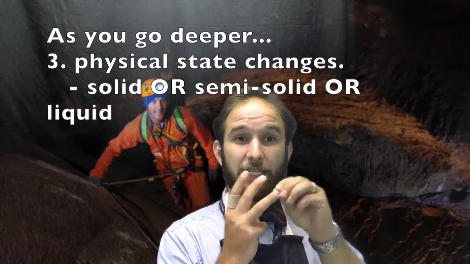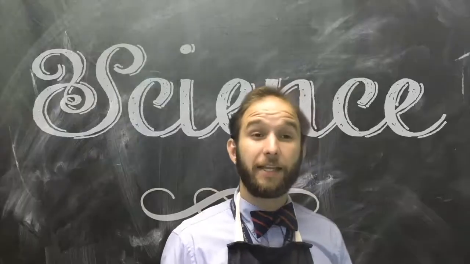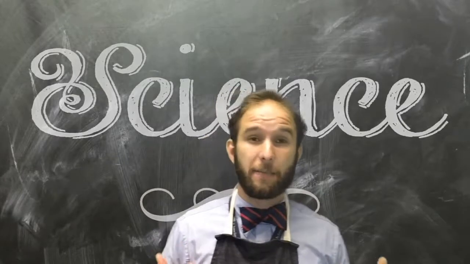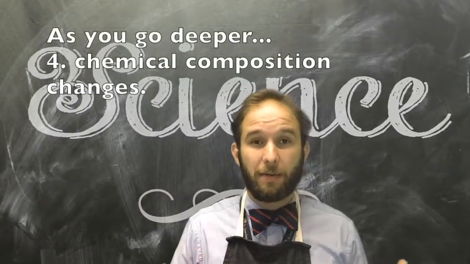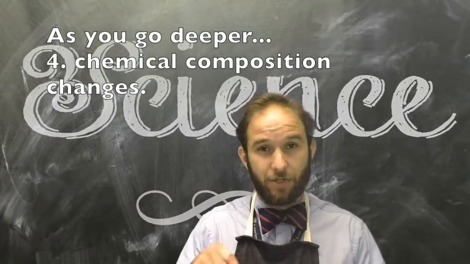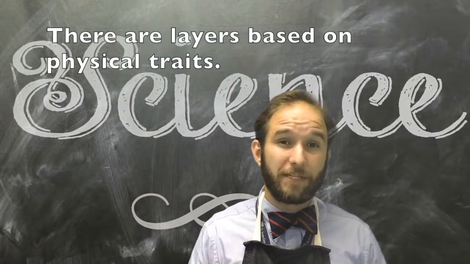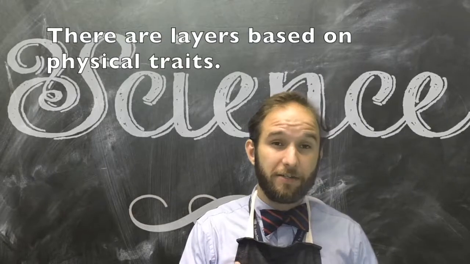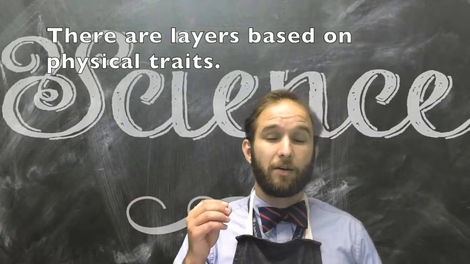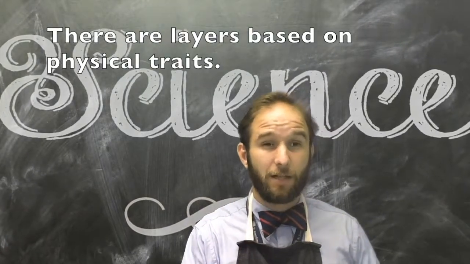And then we have liquid. And the other way that things change is in their chemical composition, meaning what chemicals make up the rocks as you go down. So first, we'll talk about the physical layers, or the layers based on solid, semi-solid, or liquid.